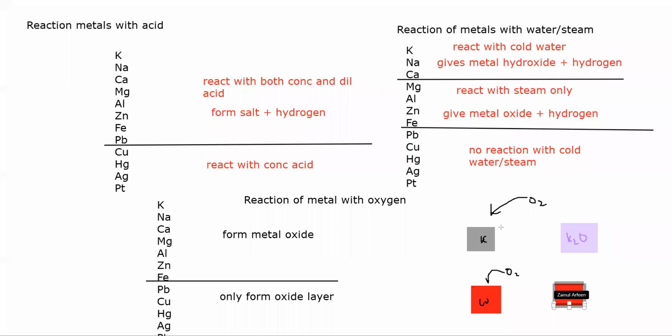What happens in the case of iron? Actually, it is not that the whole iron is directly converted. I will explain with the example of iron. Look, you have a piece of iron. This is iron, and in our atmosphere, we have oxygen. This oxygen reacts with iron.